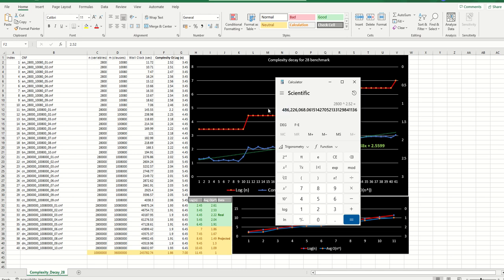What if this complexity, 2.5, would have been kept for the next batch, the 28,000? That would have been 28,000 to the 2.5.